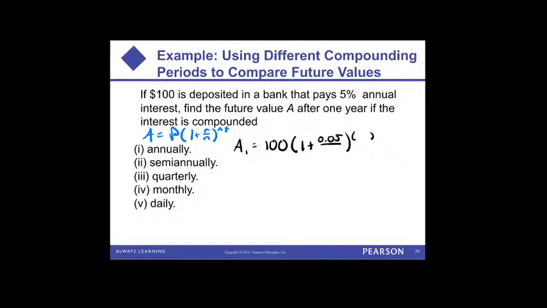So we can just make that a 1 right now. This is what we're doing with each step. Copy. Okay, so each step, the only thing that's changing is n. If it's annually, then our n is 1, and this is actually a 1 as well, right here. I would just use the calculator to crunch these numbers.